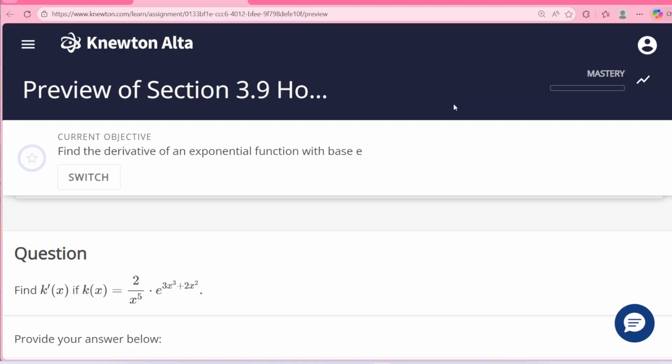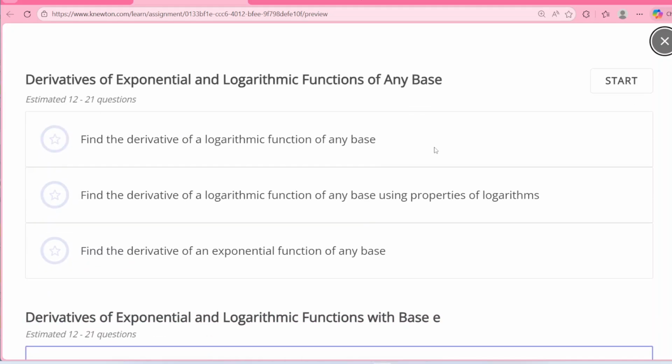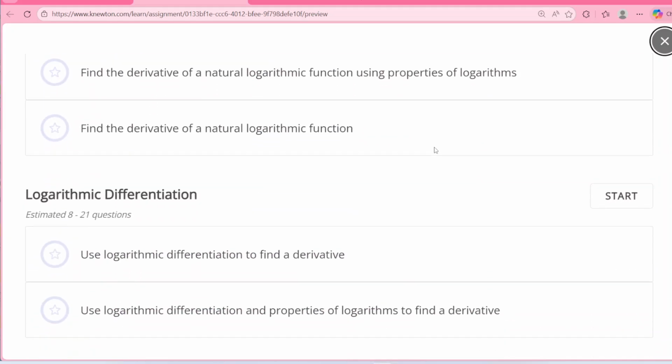All right, so here we are at Knewton Alta, preview of derivatives of exponential and logarithmic functions in the particular course I'm teaching, that is section 3.9. In the upper right-hand corner, you should see a mastery bar that shows you how far along you've gotten in the assignment. Next to that, an activity log, which shows you all of the objectives in the assignment.